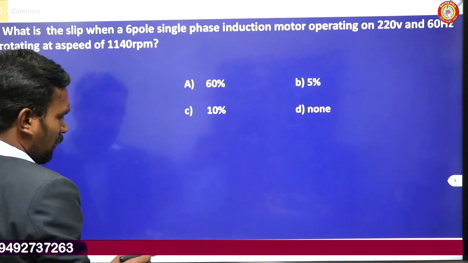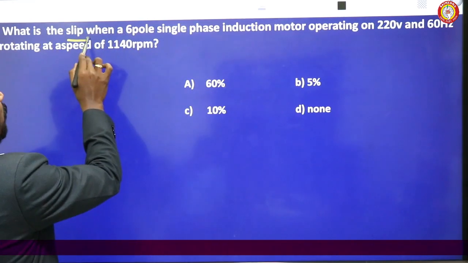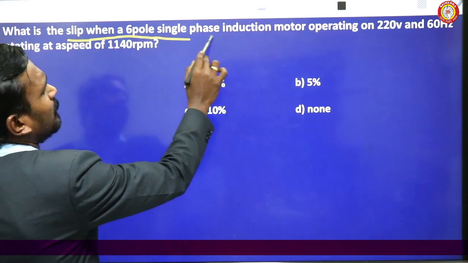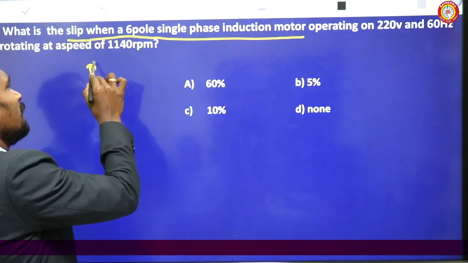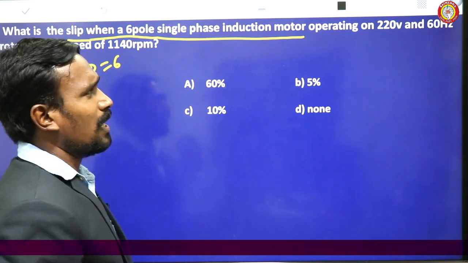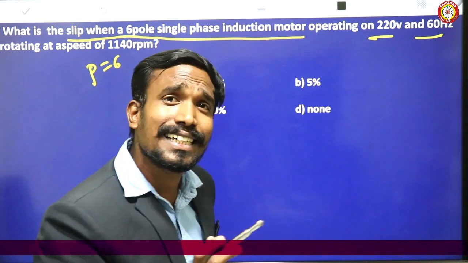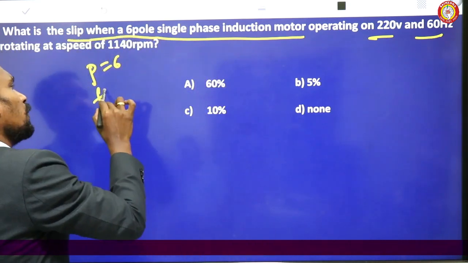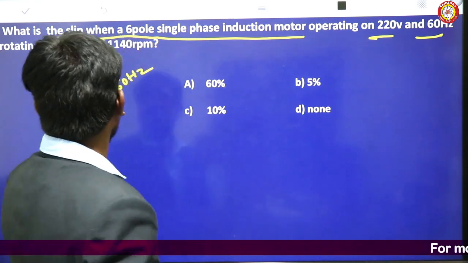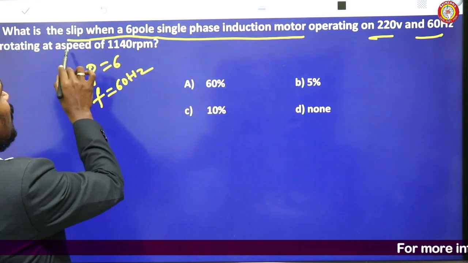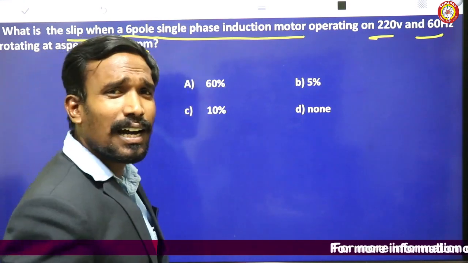See this question. What is the slip when a 6-pole single phase induction motor operating on 220 volts 60 hertz is rotating at a speed of 1140 rpm?